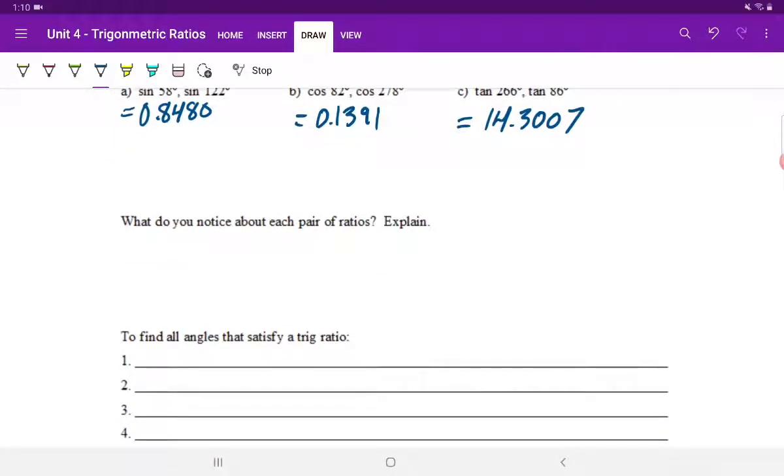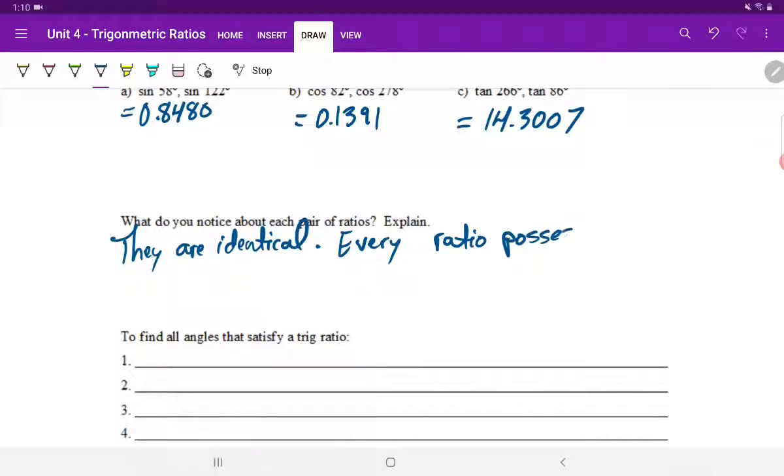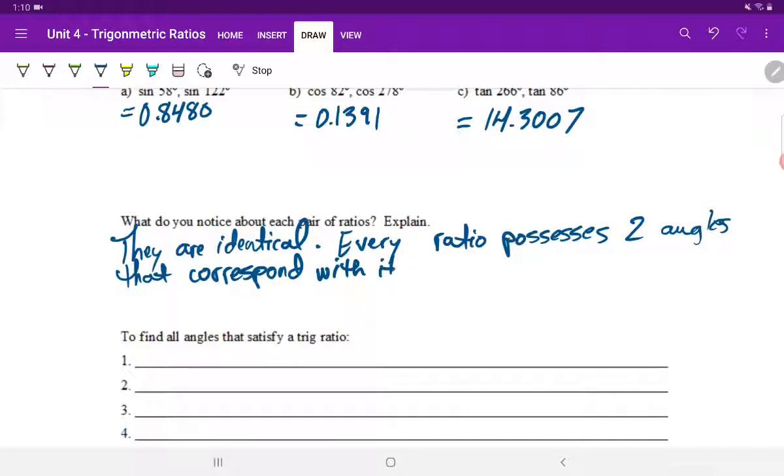What do you notice about each pair of ratios? They are identical. Every ratio possesses two angles that correspond with it. So we've already discussed that.